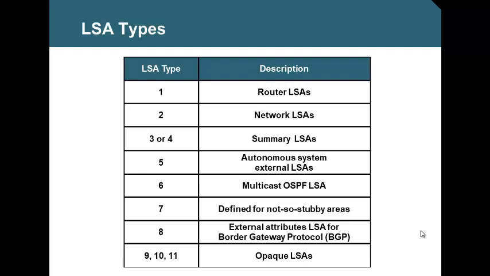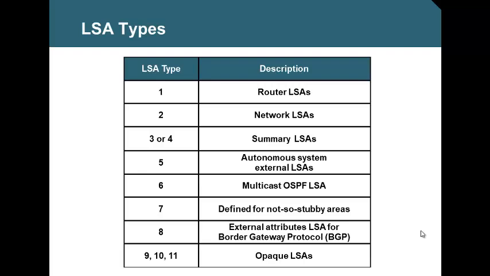Type 1 and type 2 are the ones distributing the route information. If they are not allowed to go out of the area, how will area 0 know about area 1's networks? If area 0 doesn't know, then no other area can know it. Area 0 is the transit area.